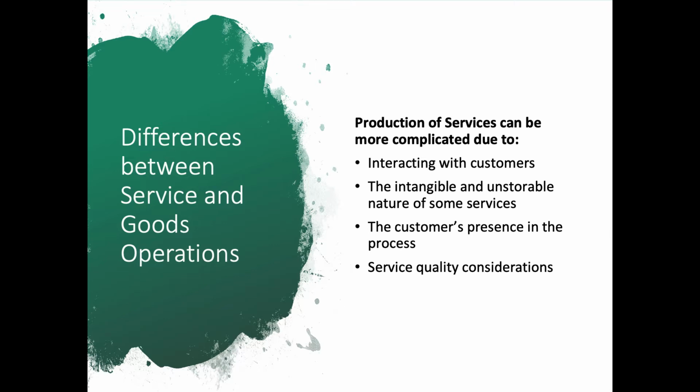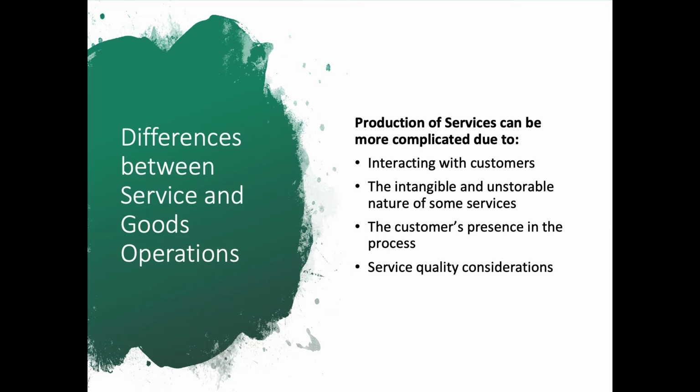Production of services can also include the intangible and unstorable nature of some of these services. The customer's presence in the very process of delivering services can also add a layer of complications, as well as service quality considerations. Let's consider these one at a time.